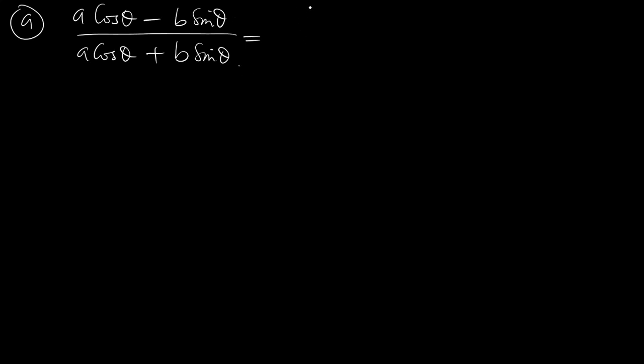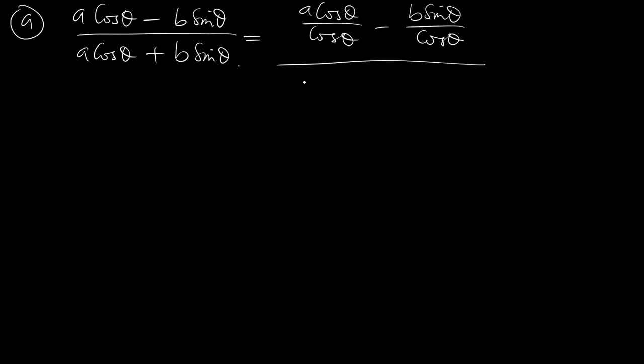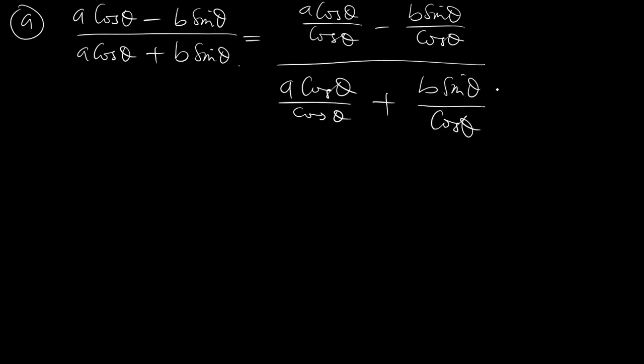So we now have A cos theta divided by cos theta minus B sin theta divided by cos theta, all over A cos theta divided by cos theta plus B sin theta divided by cos theta.